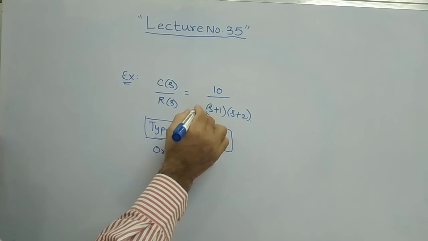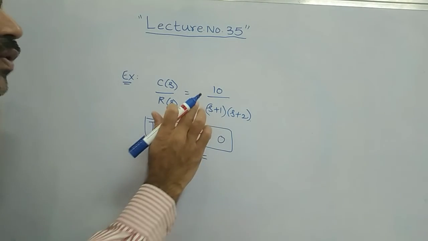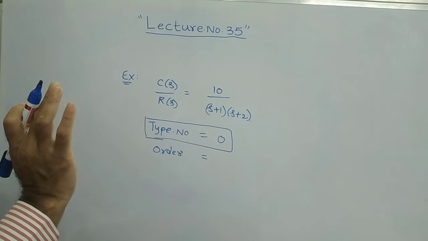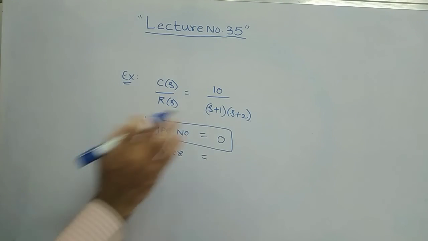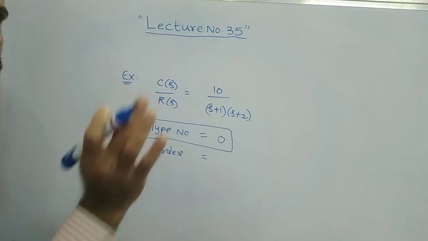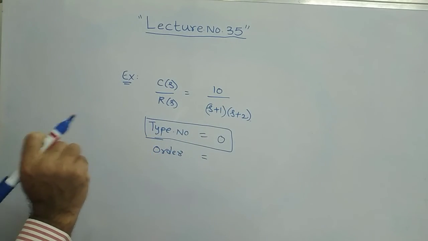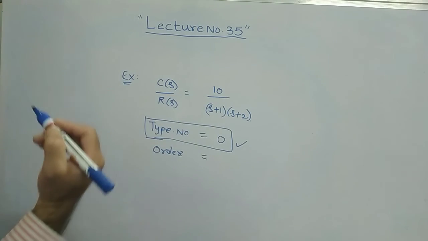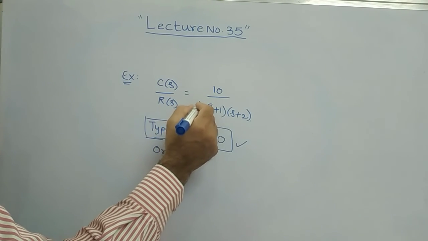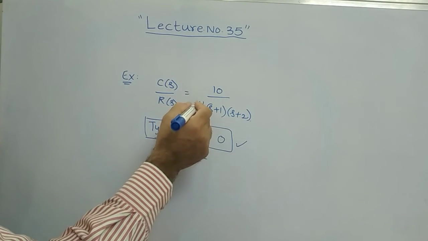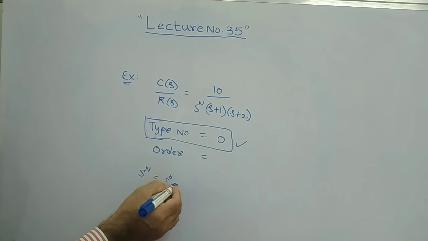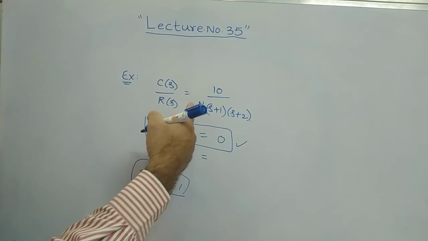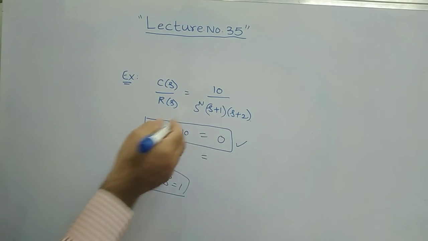Even a plain s should not be there. If they give s plus 1, s plus 2, s plus 3 like that, the type number is 0, because here s power n is not given. Not given means the n value is 0, and s power 0 is 1. Therefore the type number is 0.